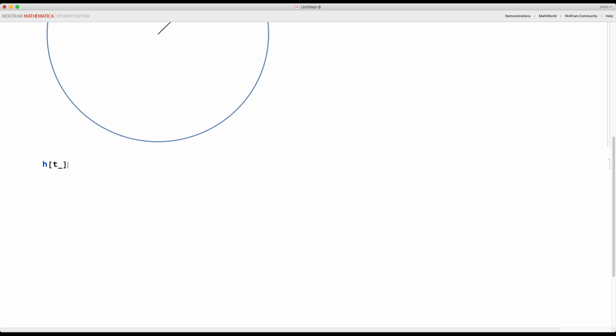I've already used F and G, so let me use a new name here. We had a thing where we said, okay, this was our projectile motion problem that we looked at last time, and I think those were the same numbers we picked.